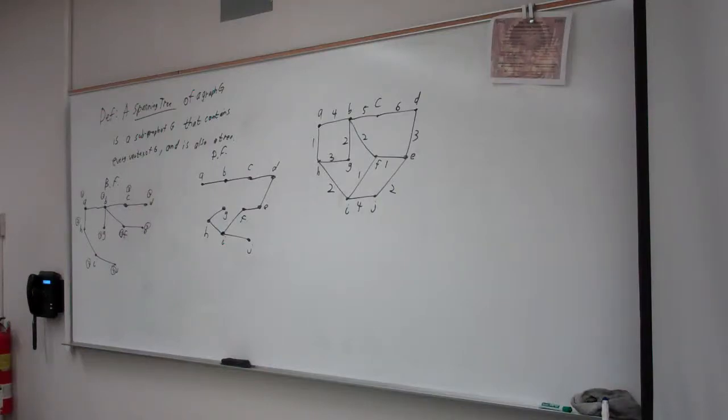So a spanning tree gives you a way to connect all the nodes in your graph, which is something you'd want to do if you're distributing Netflix through a series of customers, and you have a setup where you can send information to one customer and their box can forward it to another one, and that box can forward it.